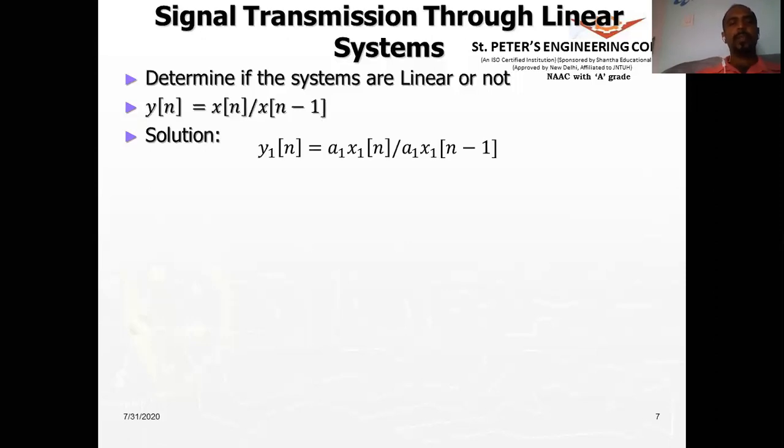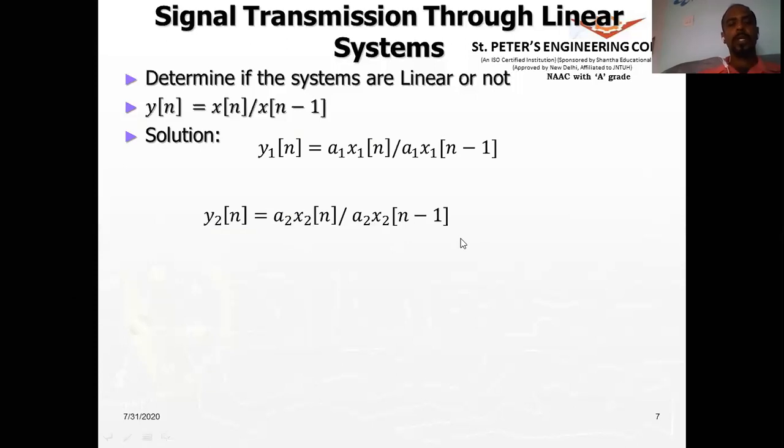So when I give the first signal a1 x1 of n, what is the first output? y1 of n is equal to a1 x1 of n divided by a1 x1 of n minus 1. All right. When I give the second input a2 x2 of n, what will be the second output? y2 of n will be equal to a2 x2 of n divided by a2 x2 of n minus 1.